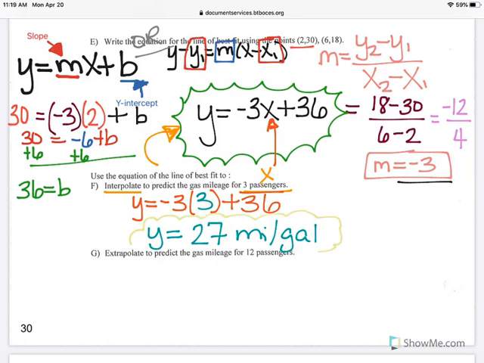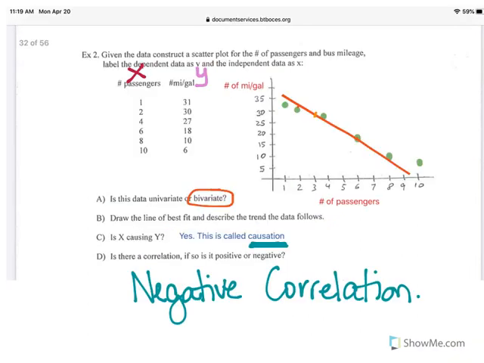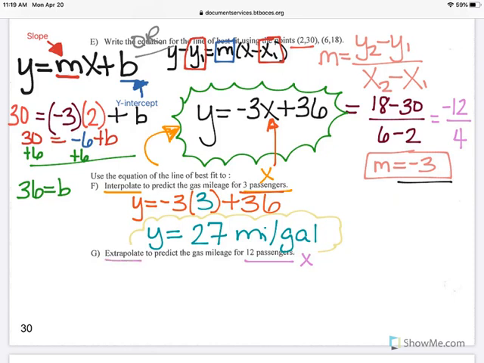Okay, part G. Part G says extrapolate to predict the gas mileage for 12 passengers. So 12 is going to be the x value that we're focusing on. If we look back at our graph, 12 is going to be off the grid. And since 12 is not in our range of data, this is why it is called extrapolating.